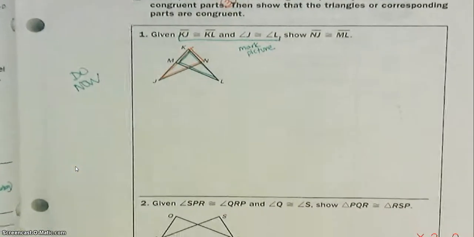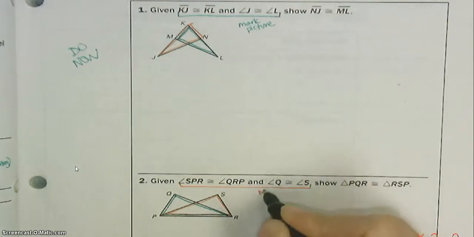It's really important that you redraw those. So here I want you to redraw. Here's your green triangle. Here's your red triangle. So redraw those and then mark your picture, and see if you can figure out why the triangles are congruent.